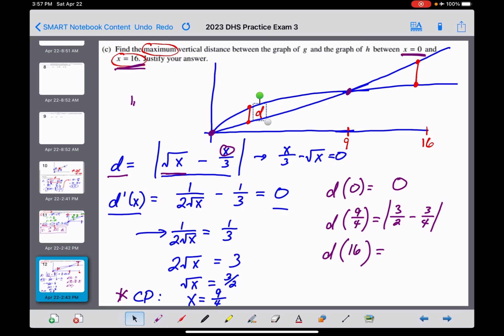I don't think that's really going to be important in this problem right here, but it might be, so it doesn't hurt to write that out. Okay, so that becomes what then, guys? This is now 6/4, if I wanted to look at it that way. 6 over 4 minus 3 over 4. The vertical distance between those two curves at the spot where x is equal to 9/4 is 3/4.